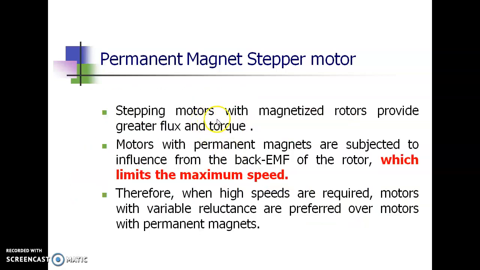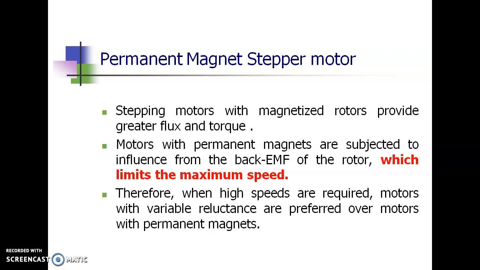The major advantage of the permanent magnet stepper motor is that it can provide greater flux and torque. But one issue is that because the permanent magnet rotates inside the stator coils, it produces a back EMF in the stator windings, which resists the input voltage.